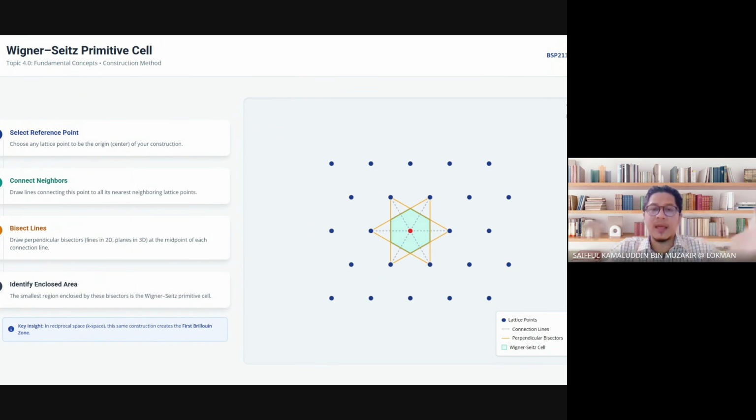What is the Brillouin zone? Later we will see what it means. So if you understand the Wigner-Seitz cell in real space, you are already preparing for the Brillouin zone in reciprocal space later. Remember, this is Wigner-Seitz. We are still talking about real space. The Brillouin zone will be in reciprocal space, where we will construct based on the diffracted X-ray.